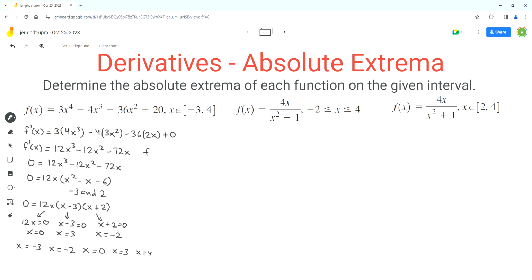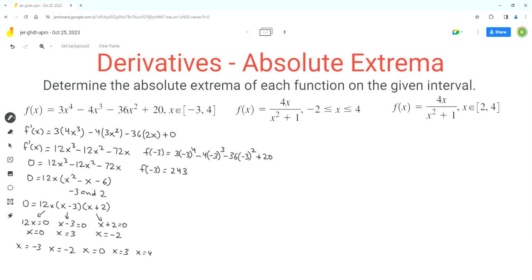So f at -3 will be equal to 3, and we sub in x as -3: -3 exponent 4, then minus 4 times -3 exponent 3, minus 36 times -3 exponent 2, plus 20. Now we can simplify these terms. 3 times -3 exponent 4 is equal to 243.